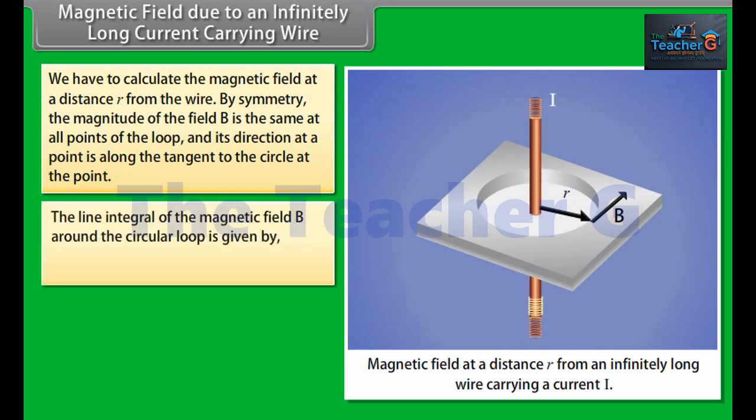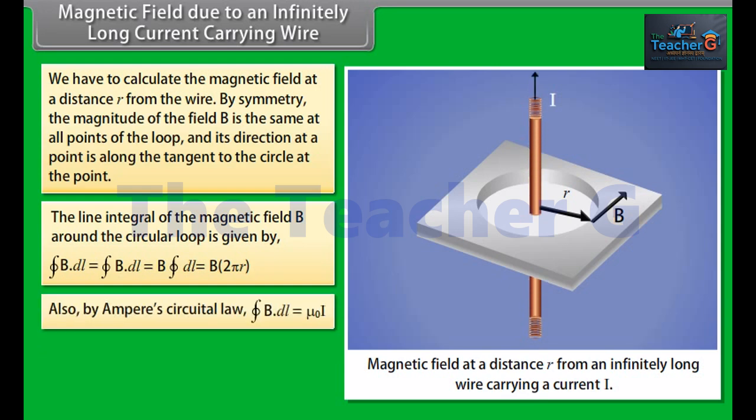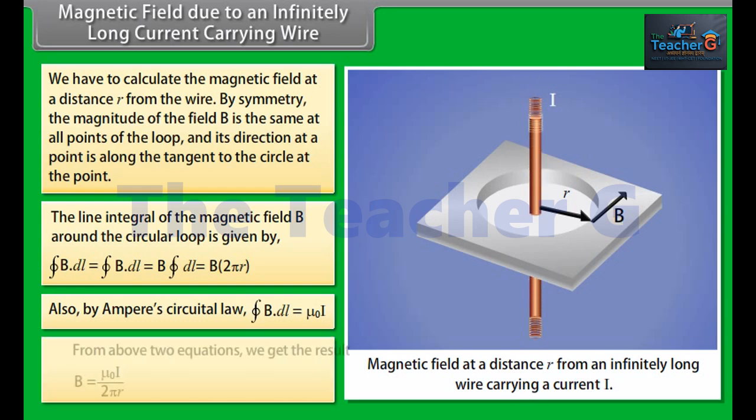The line integral of the magnetic field B around the circular loop is given by the product of B and 2 pi r. Also, by Ampere's circuital law, the closed integral of B dot dl is equal to mu naught I. From the above two equations, we get the result B is equal to mu naught I divided by 2 pi r.